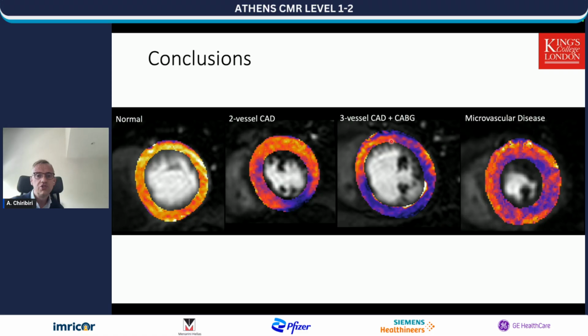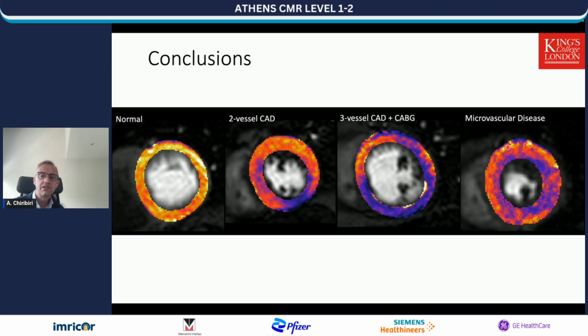Then you have a patient with 3-vessel coronary artery disease and previous bypass. See, there are patches of severe hypoperfusion everywhere. And then, very importantly, and that's something that I'd be happy to take on in the discussion, if of interest, microvascular disease. Quantitative analysis can diagnose microvascular disease, showing you a concentric ring of subendocardial diffuse mild ischemia throughout the myocardium.